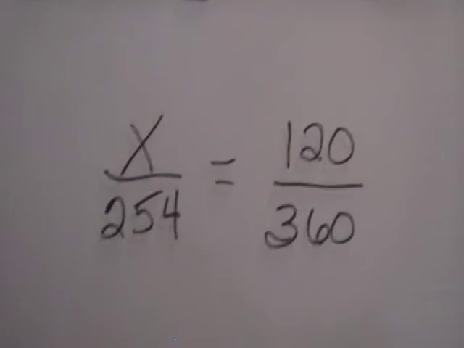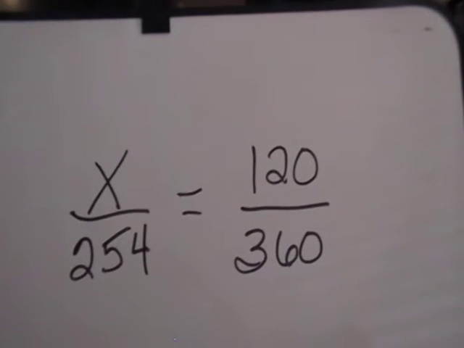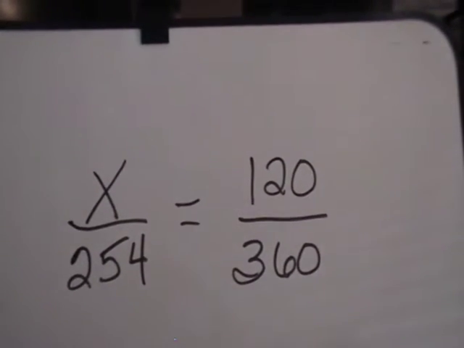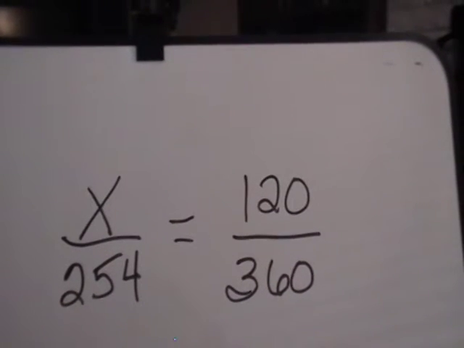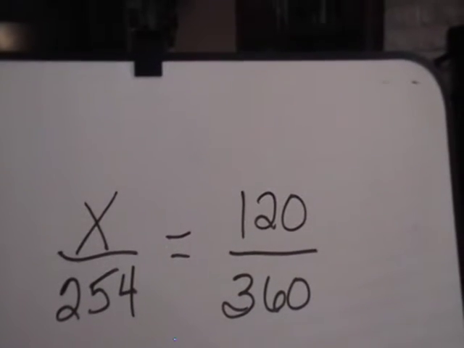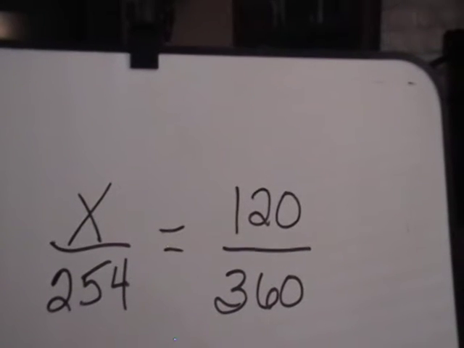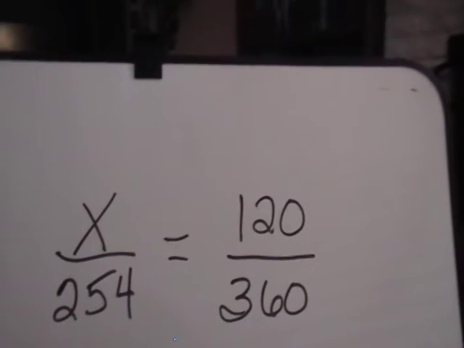Then what they're going to do is work out the algebra for it. Cross multiply, 360 times x comes out to be 360x. 254 times 120 comes out to be 30,480. So just cross multiplication. And then you have 360x. Let me zoom in here to the portion of the book that I want to get to.